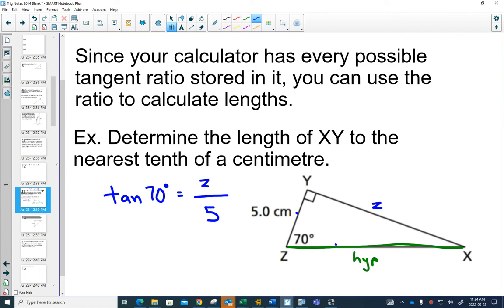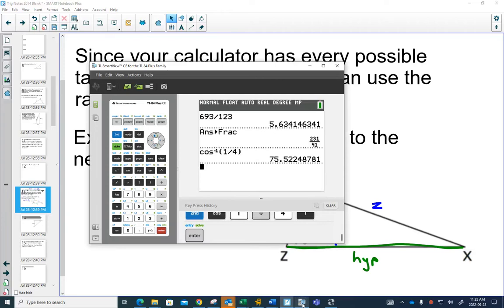Now, I said earlier, while I was muted, that your calculator has everything stored in there, every single number. So when I go to my calculator, if I type in tan of 70 and push enter, I get 2.747477419.